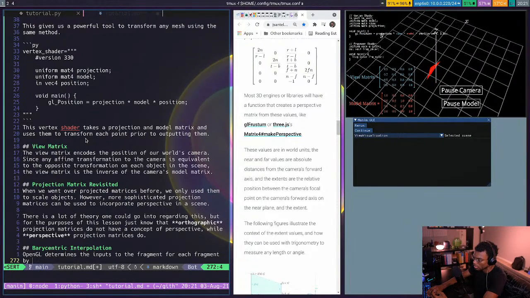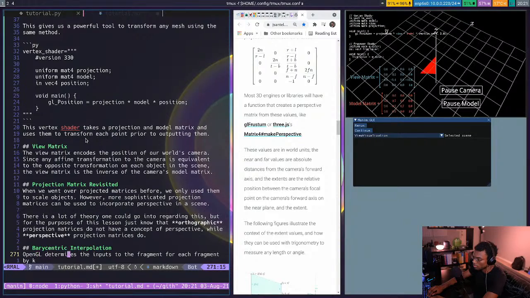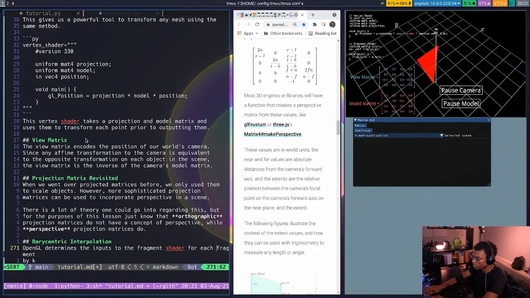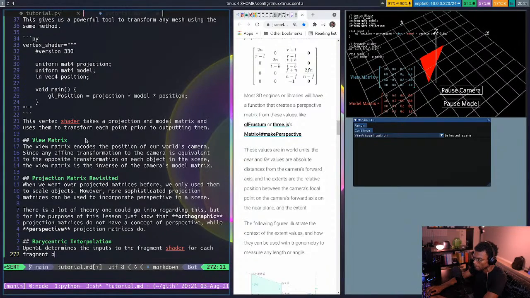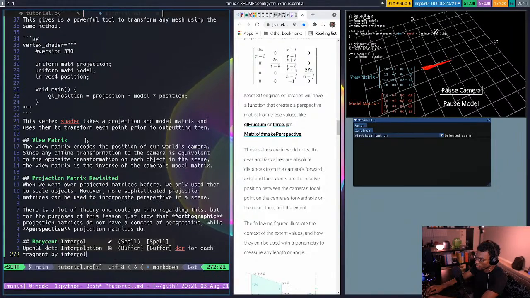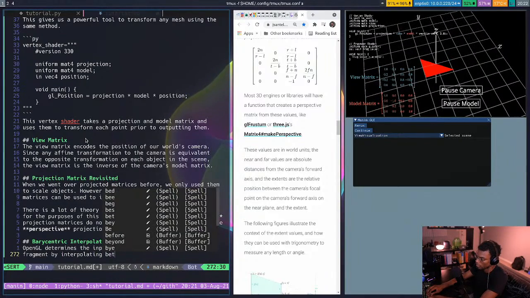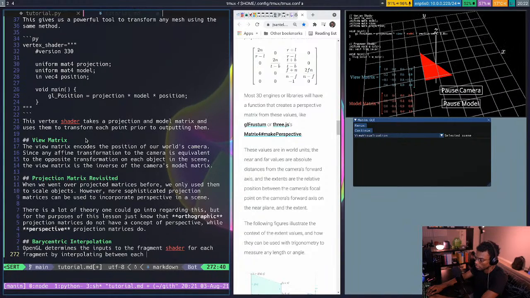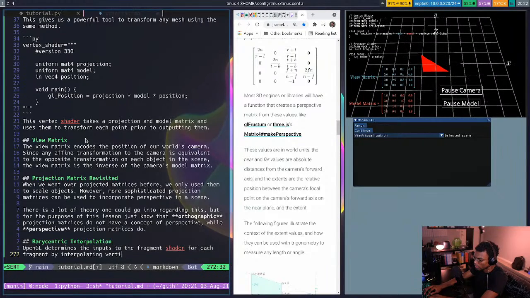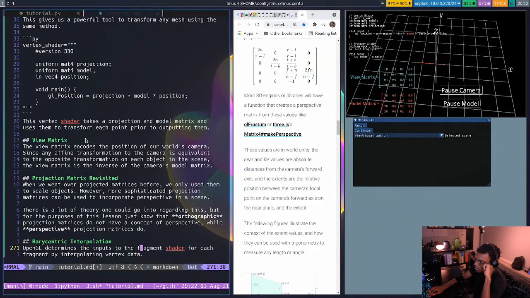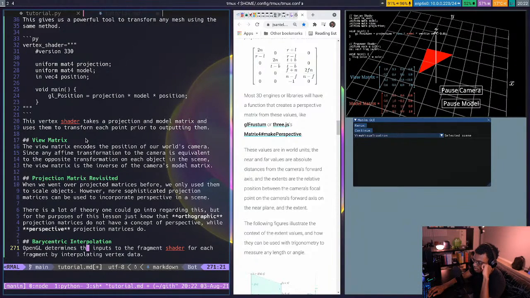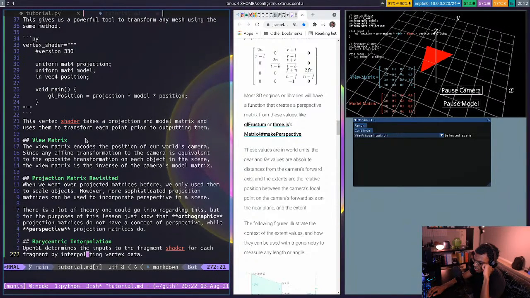OpenGL determines the inputs to the fragment shader for each fragment by interpolating vertex data.